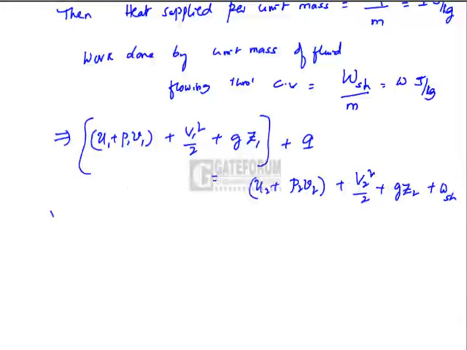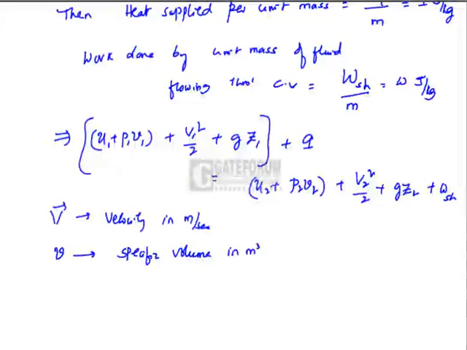In this context, capital V indicates velocity of fluid in meters per second. Small v is specific volume of fluid in meter cube per kg.